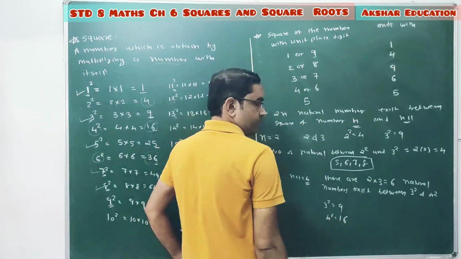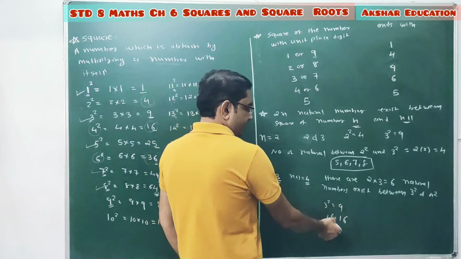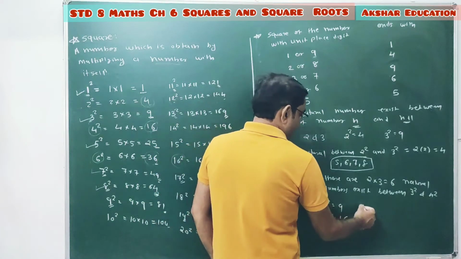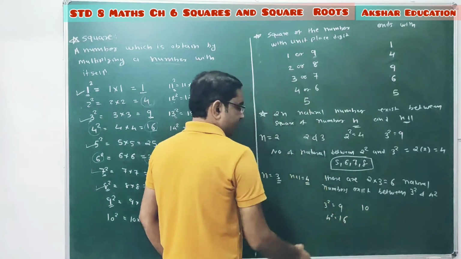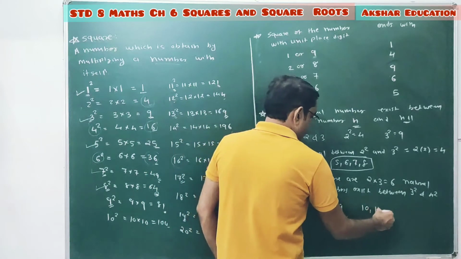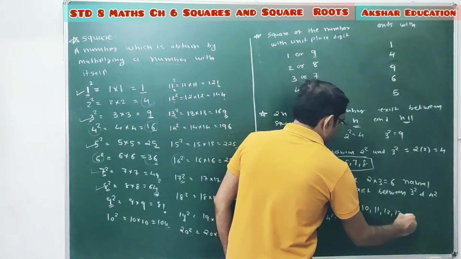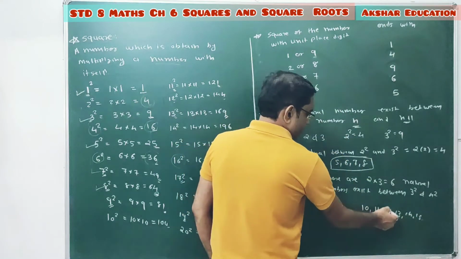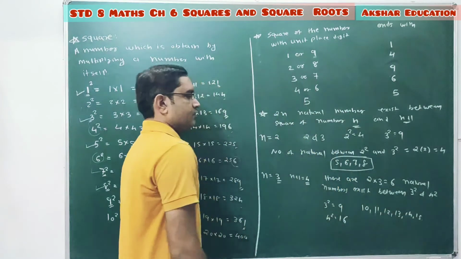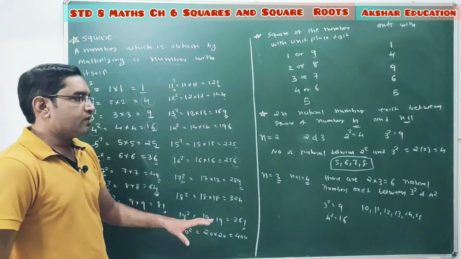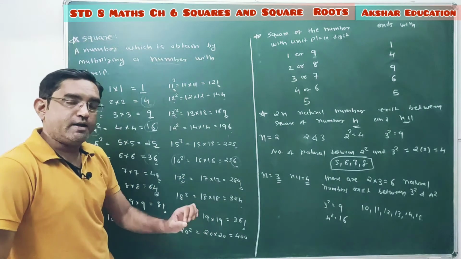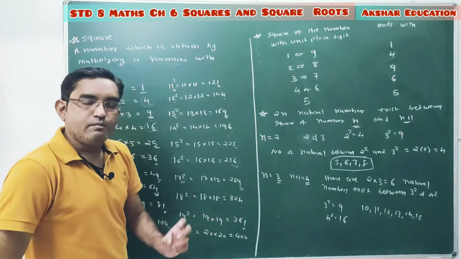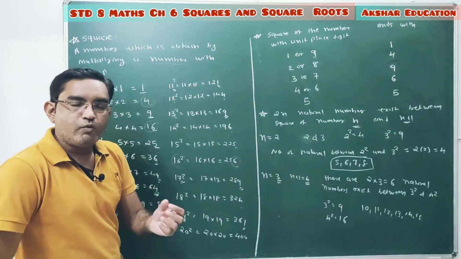Which numbers come between 9 and 16? 10, 11, 12, 13, 14 and 15. That is 1, 2, 3, 4, 5, 6. Clear?